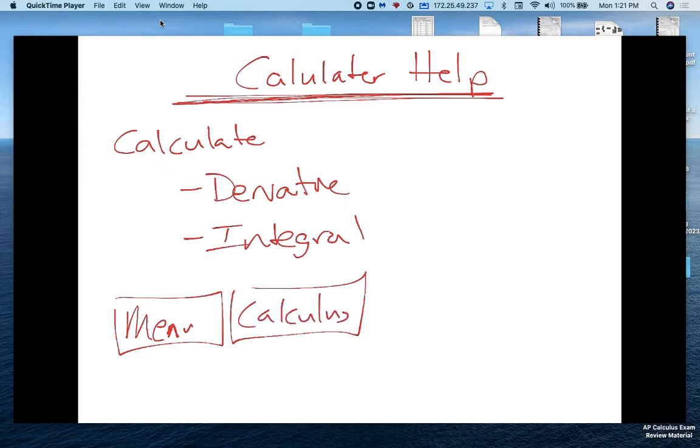Really, number one is finding the derivative, and number two is finding the integral. You can do numerical function maximum or minimum and whatever, but I don't know that that's super helpful.